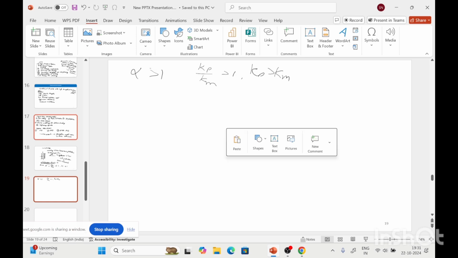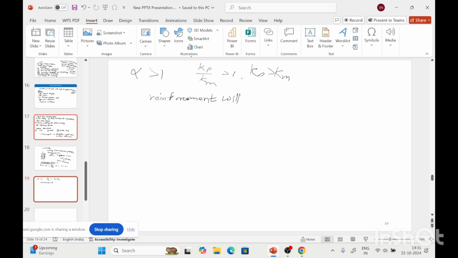Due to this effect, the reinforcement particles will be engulfed in the metal matrix. This is a conducive environment for the strengthening.